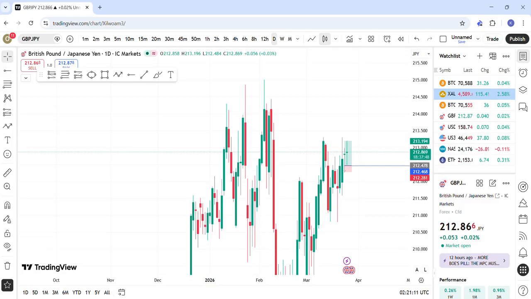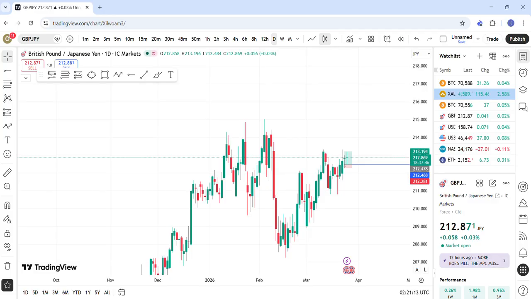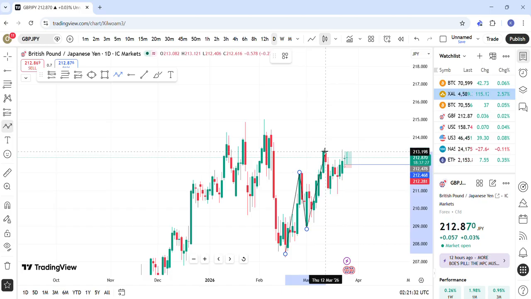This is the daily time frame. Remember what I taught you guys. You can see impulsive. This is a correction, and inside that correction you see the minor structures forming. Another one. Then we are heading for another impulsive movement.